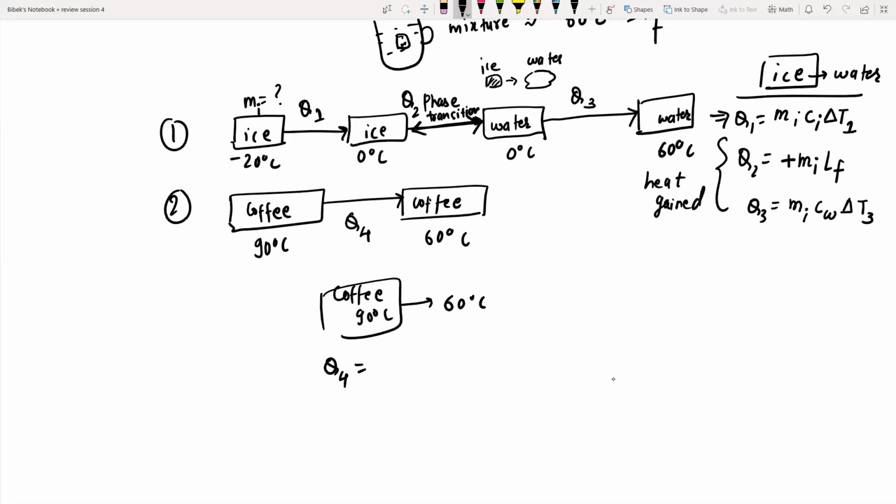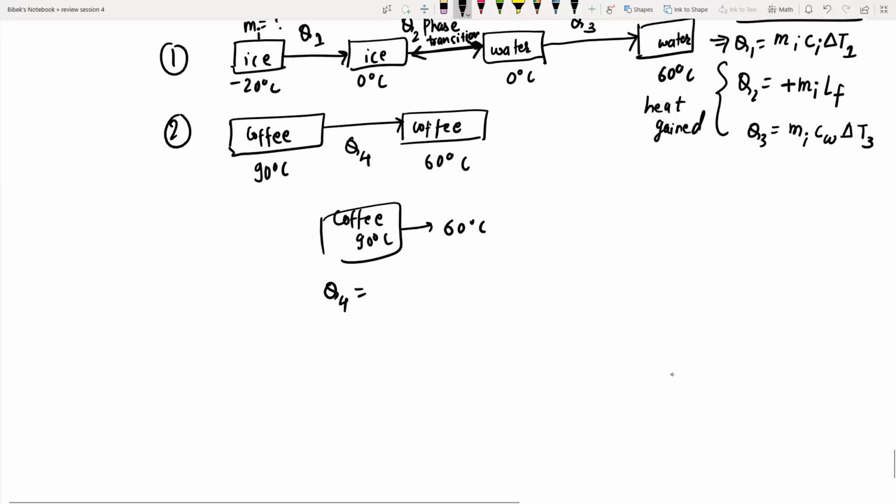So it's mass of coffee times specific heat capacity of coffee, which will be equal to the specific heat capacity of water. So remember that. If you have a liquid that is comparable to water, then you can use the specific heat capacity of water. So for this problem, the specific heat capacity of coffee will be equal to water, and delta T4.